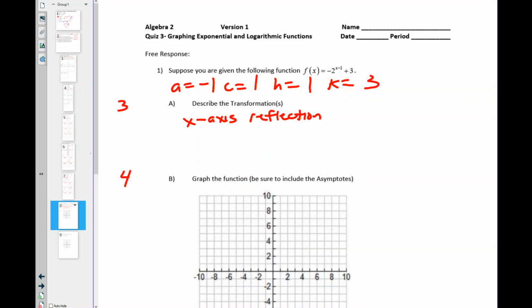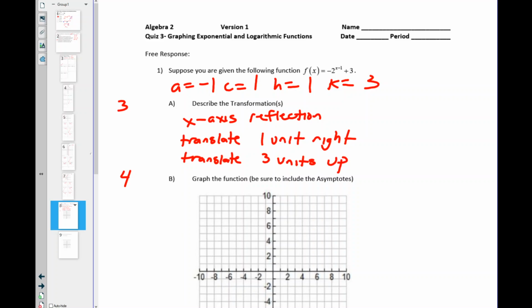X-axis reflection, translate 1 unit right, and you need to put a magnitude. Not to say translate right. You've got to tell me how far. And then translate 3 units up.